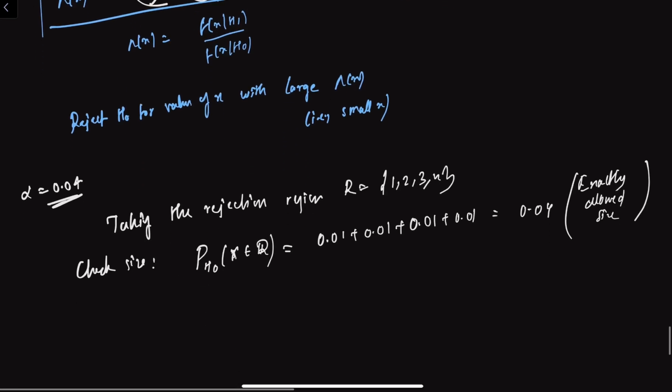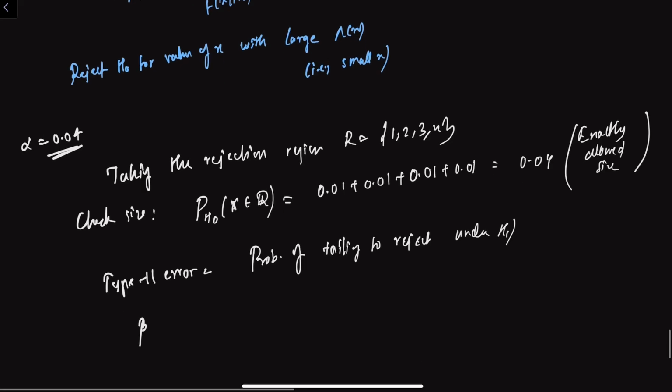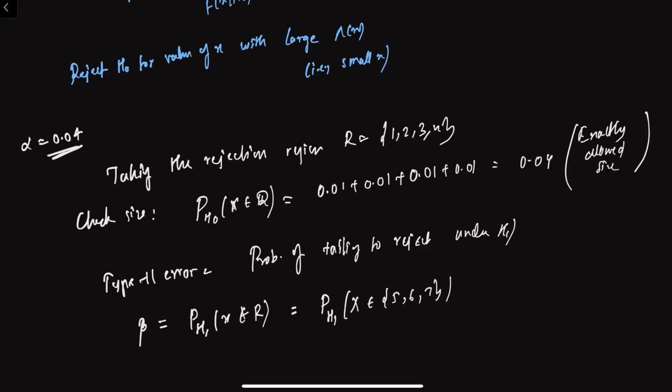Exactly the allowed size. Now to find the type 2 error, the type 2 error is nothing but the probability of failing to reject under H1. So beta is the probability under H1 that X does not belong to this rejection region, which is the probability under H1 when X is 5, 6, and 7, because our rejection region is 1, 2, 3, 4.